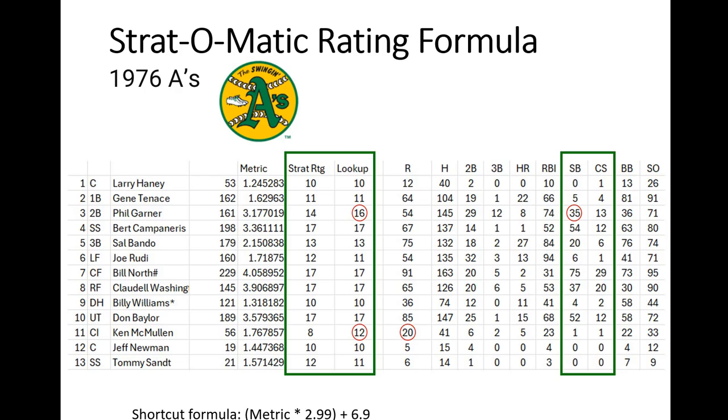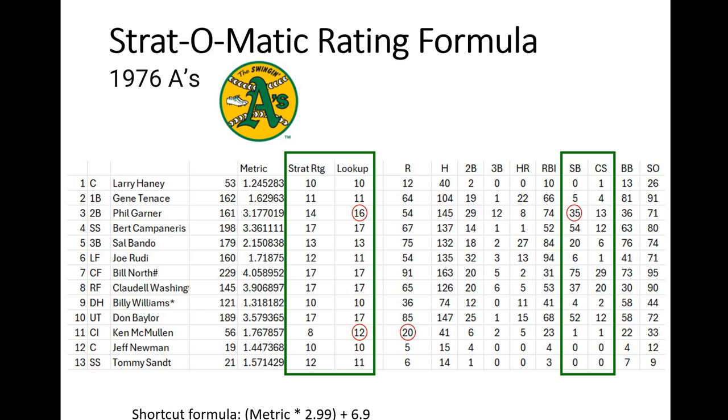So I don't feel bad about the formula giving him credit. This is what's really amazing. I just noticed this, but I didn't circle it. But he had 12 triples. So arguably he is pretty fast. But anyways, the formula would give him a 16, but Strat only gave him a 14.